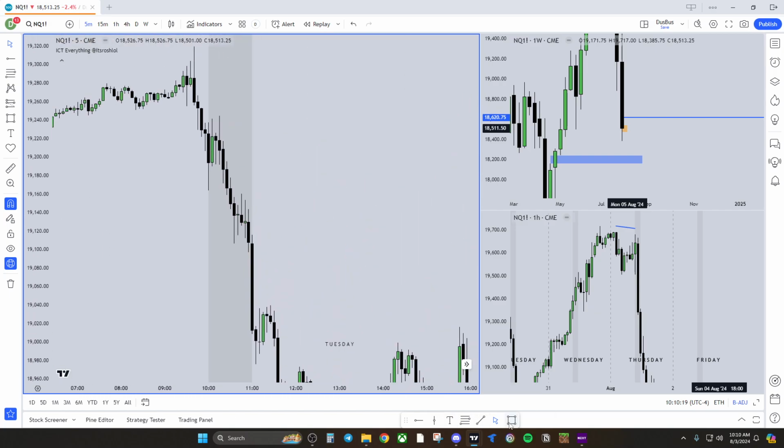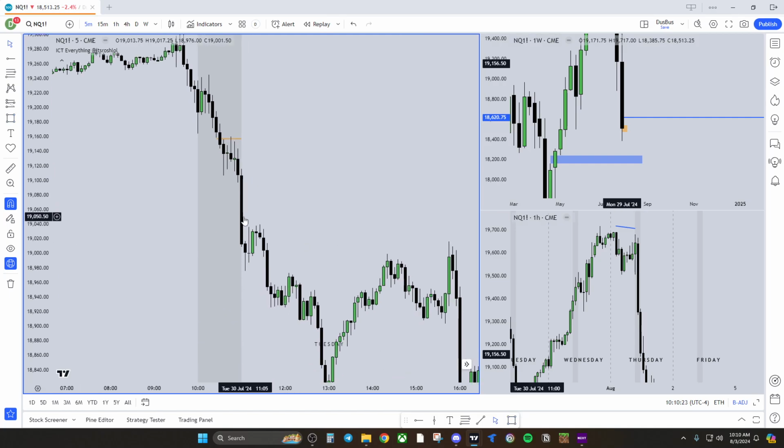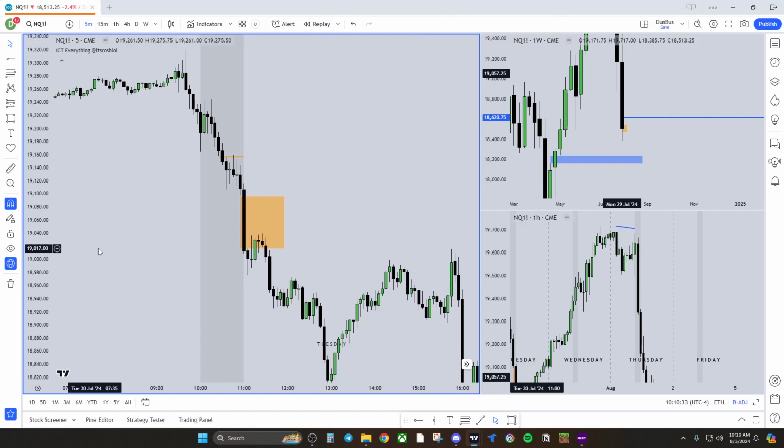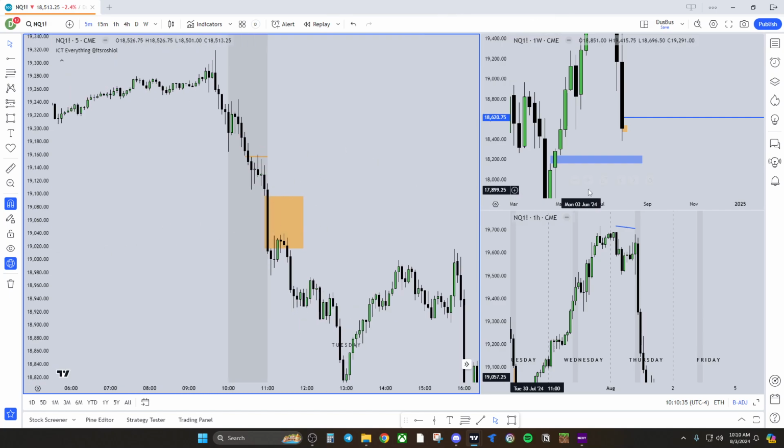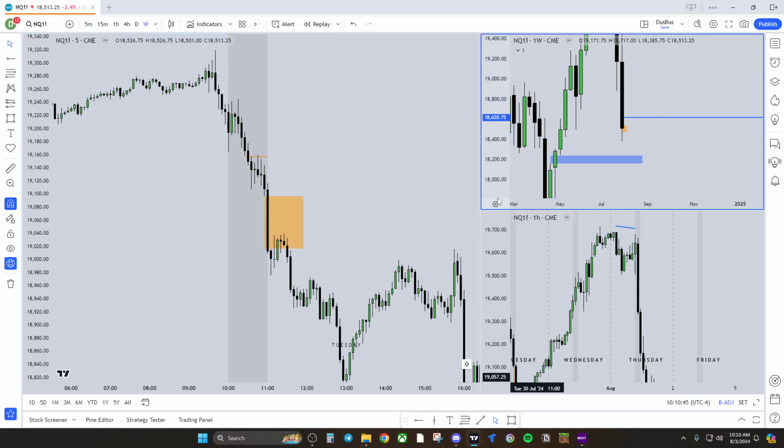Besides this model we also had, look, same thing, forms just outside 10 to 11 and then trades into it around 11:15. So just something I have to collect data on, but I just want to come on here and show you how you could have participated using my levels on the weekly.